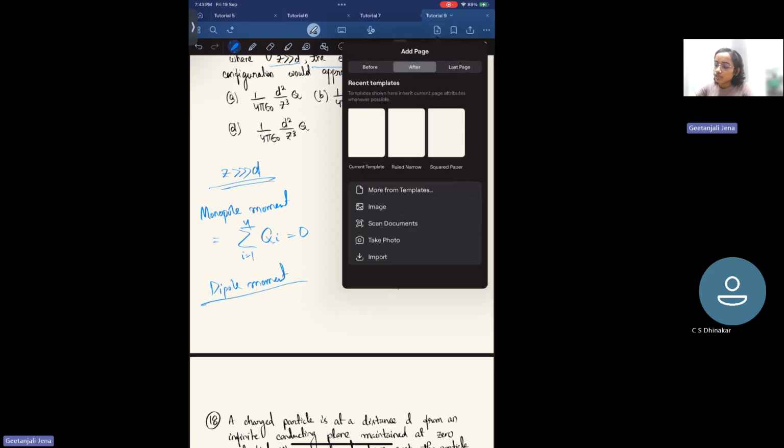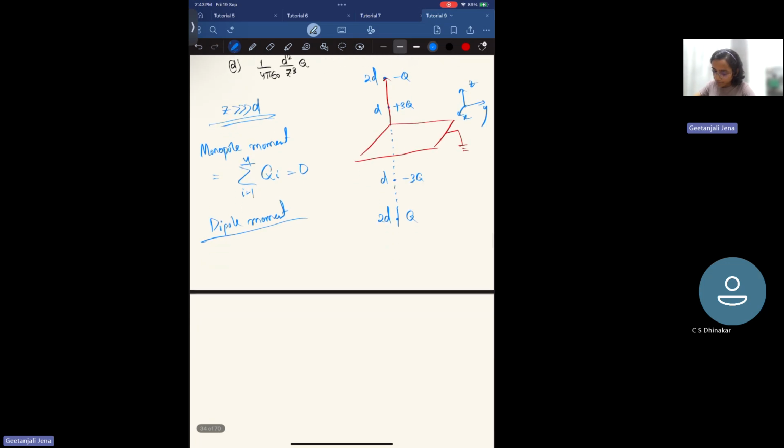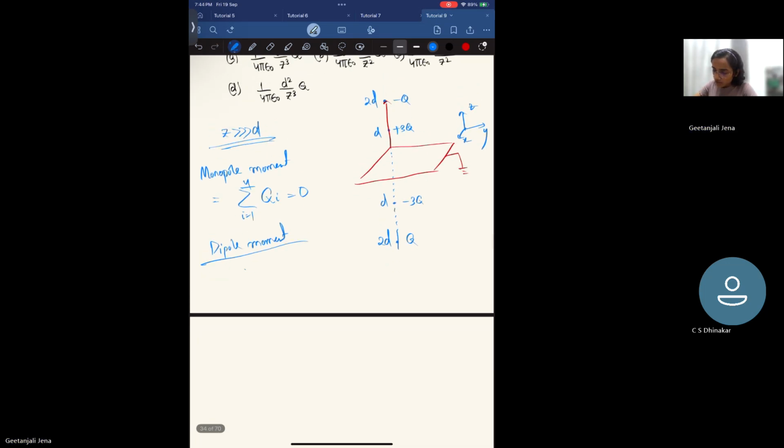Dipole moment is given by the summation of r_i prime and q_i, i from 1 to 4.